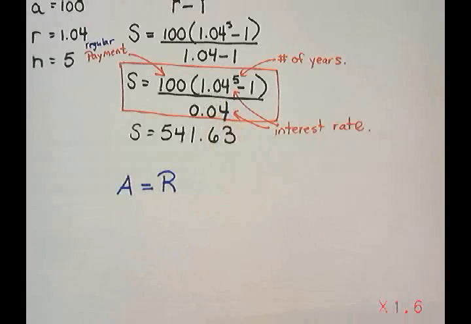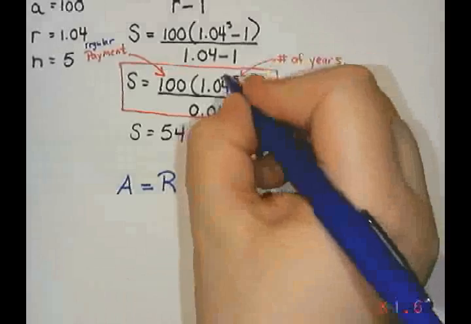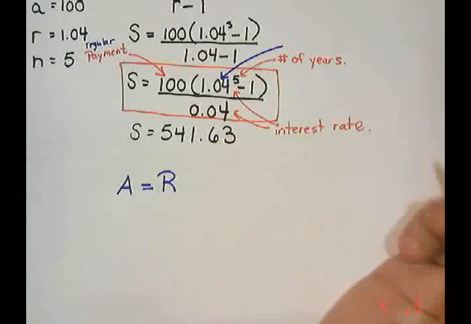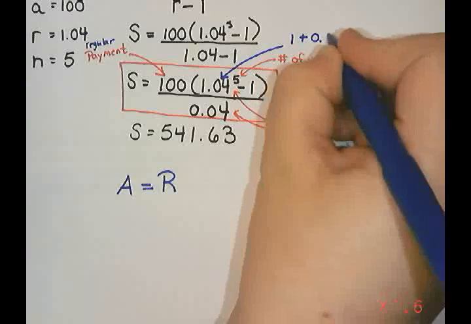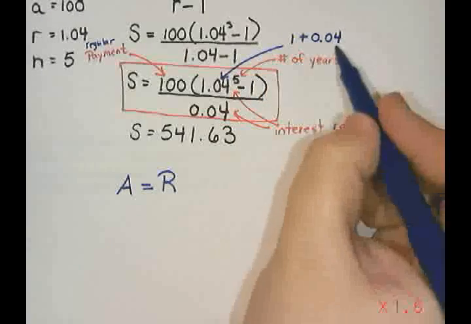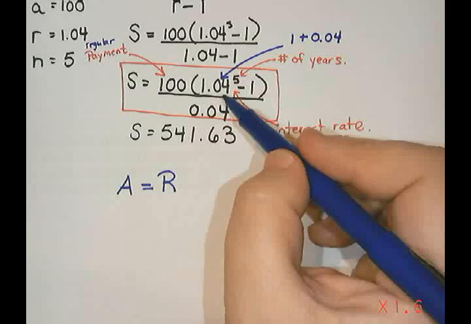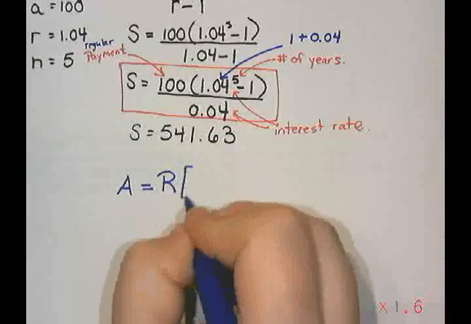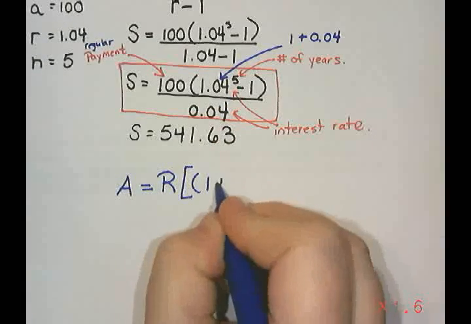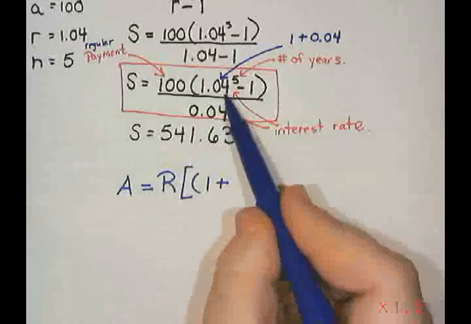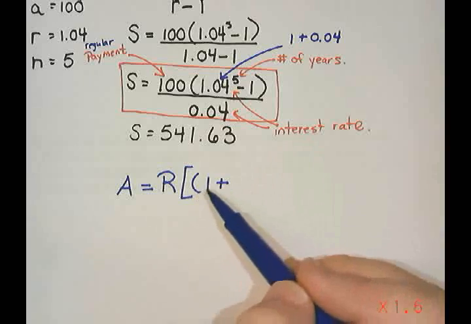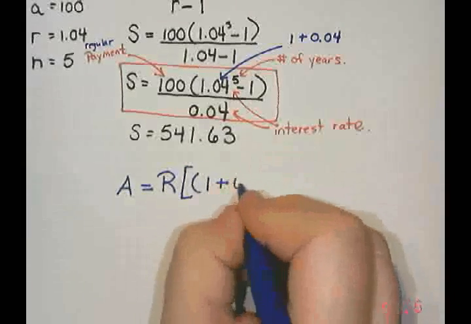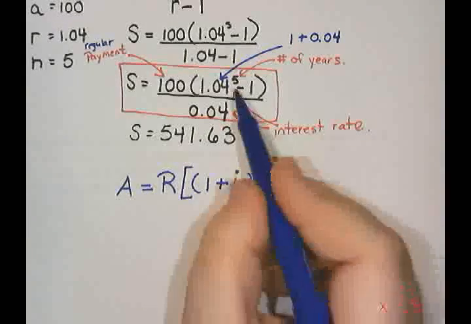Now, the 1.04, that's a little bit trickier. This 1.04, I'm going to say is the same thing as 1 plus 0.04. That would give me 1.04. So here, I'm going to do 1 plus, we said that that 0.04 was our interest rate. So it's 1 plus our interest rate, to the power of 5.